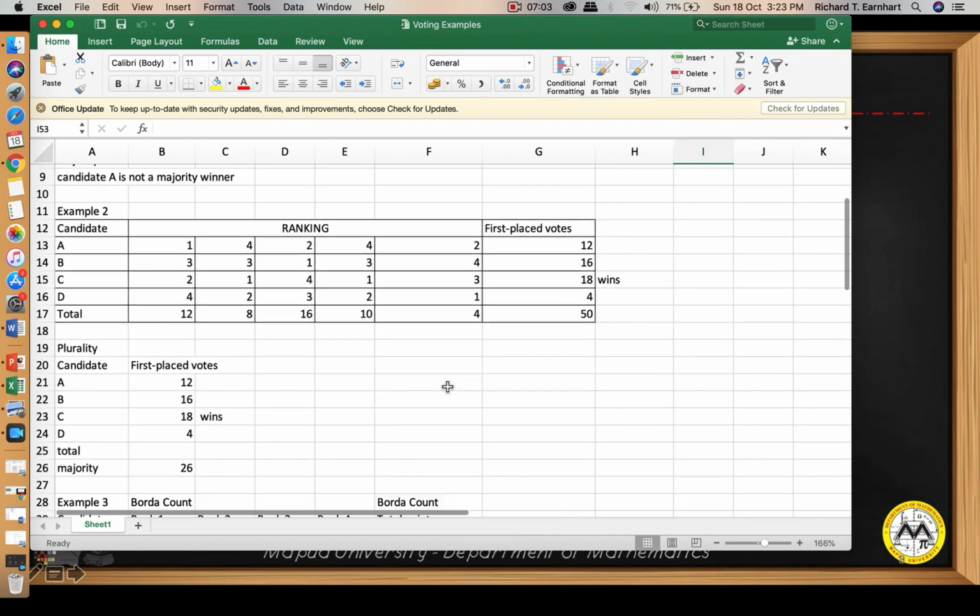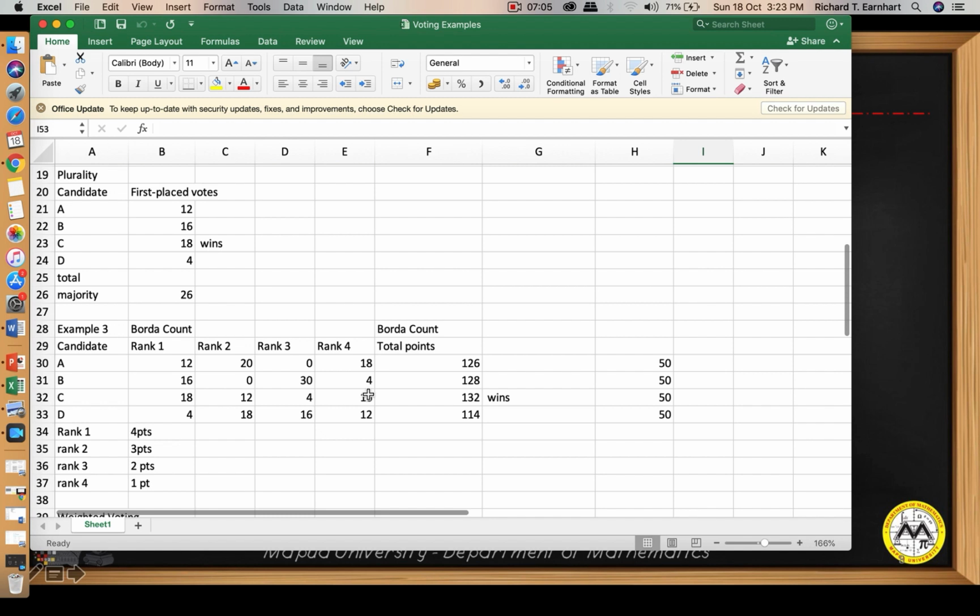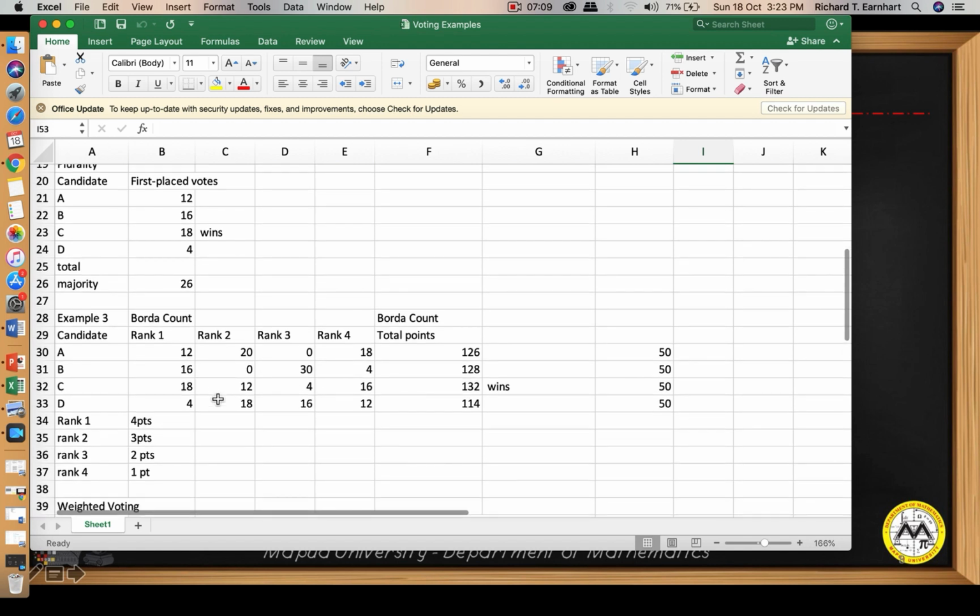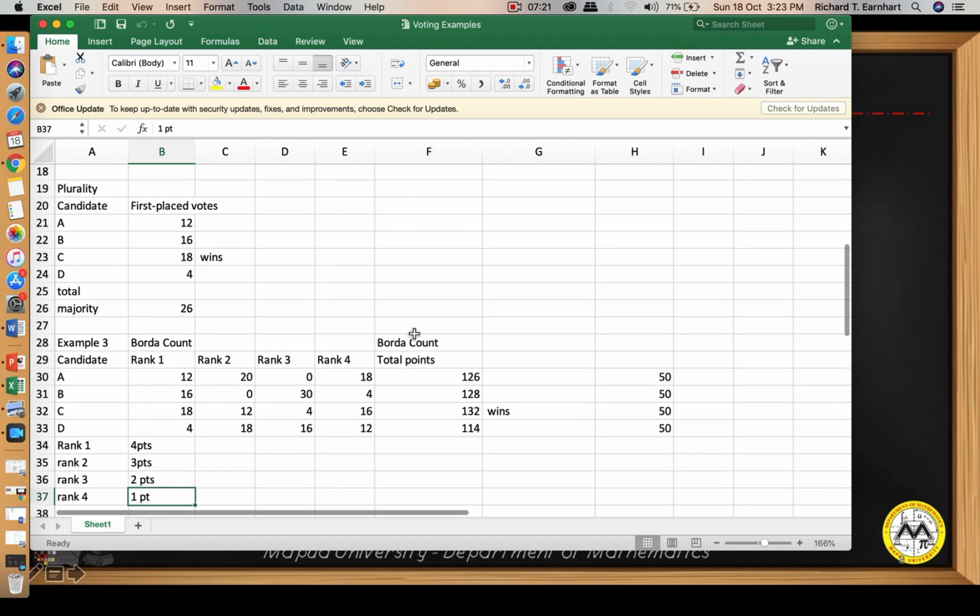Okay, so we have example number 3. So since we have 4 candidates, the first rank will get 4 points, rank 2 will get 3 points, rank 3 will get 2 points, rank 4 will have 1 point.